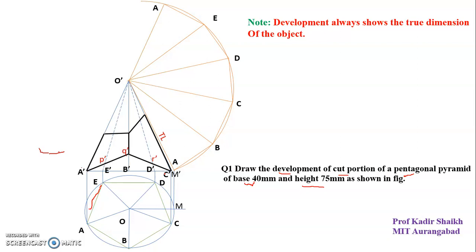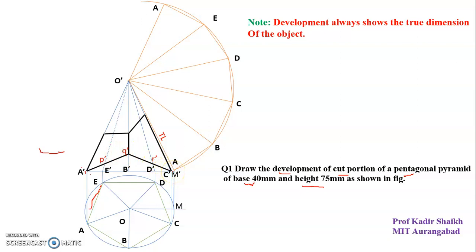As this triangular cut cuts all 5 edges or slant edges of the pentagonal pyramid, you will get 5 cutting points. So one will be at A dash itself, another will be P dash, Q dash, R dash and the last one is C dash.